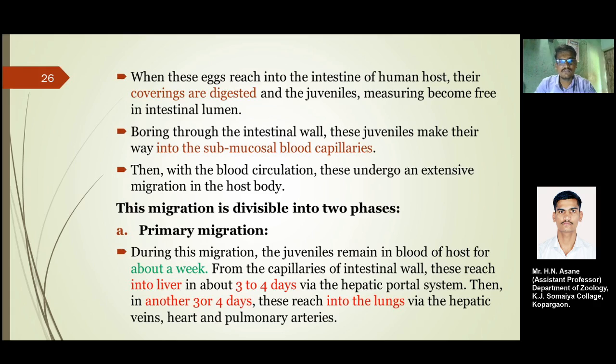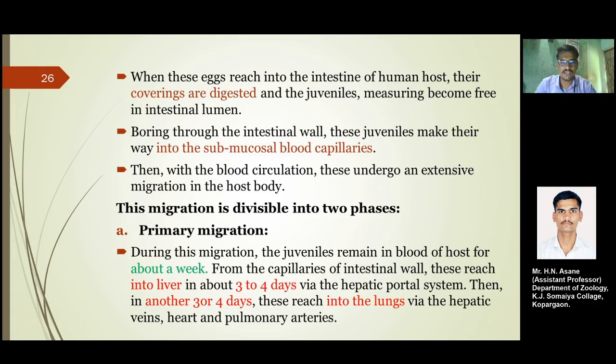After a week, from the capillaries of the intestinal wall they reach the liver with the blood flow via the hepatic portal system, and in the liver they stay about 3 to 4 days. After another 3 to 4 days they reach the lungs via the hepatic veins, and it may reach the heart.